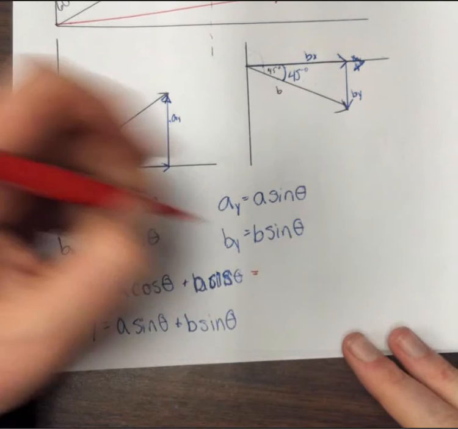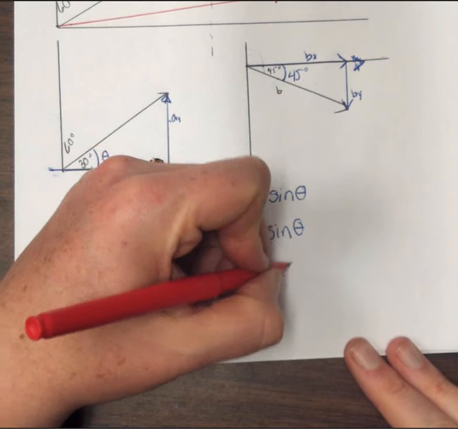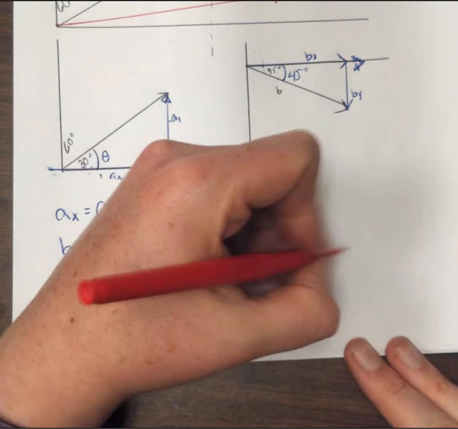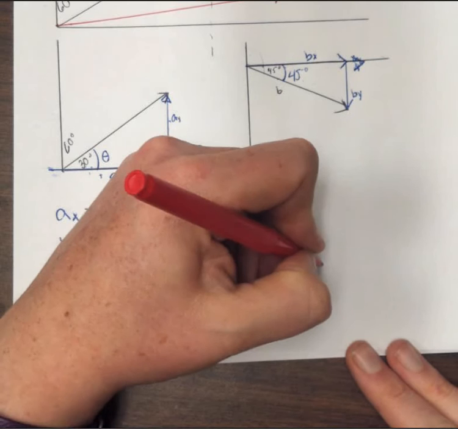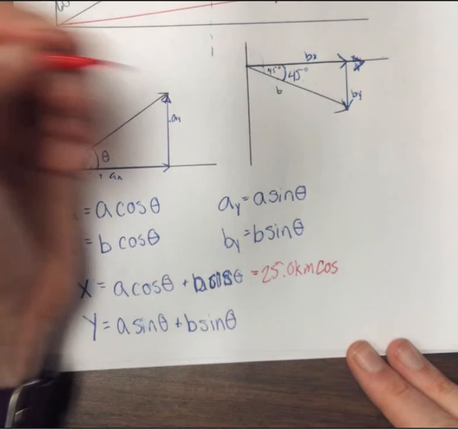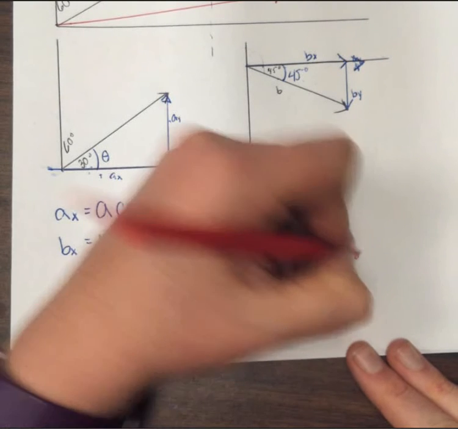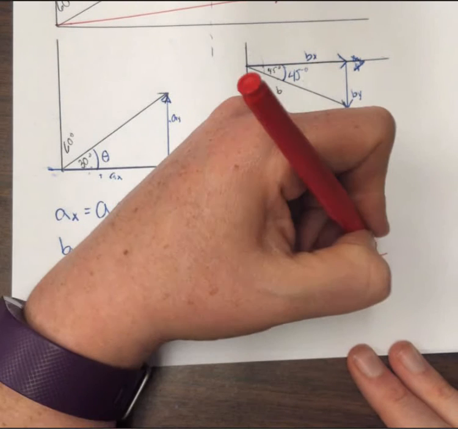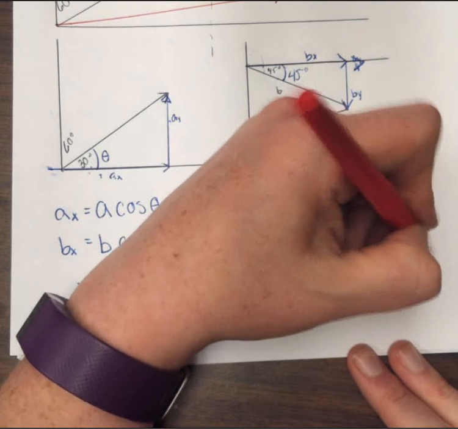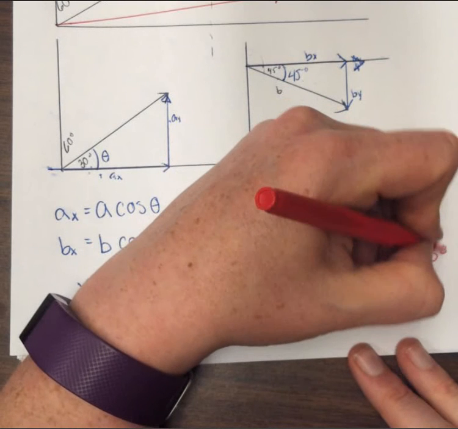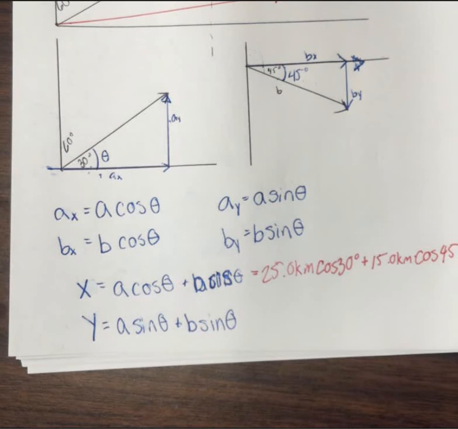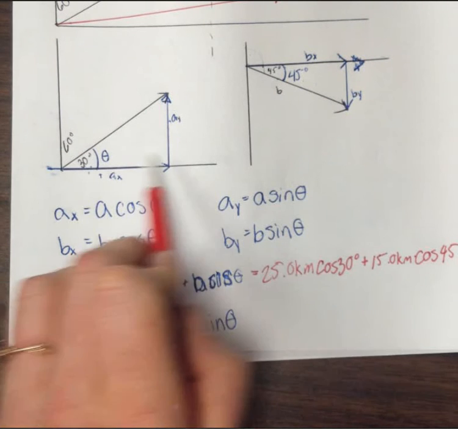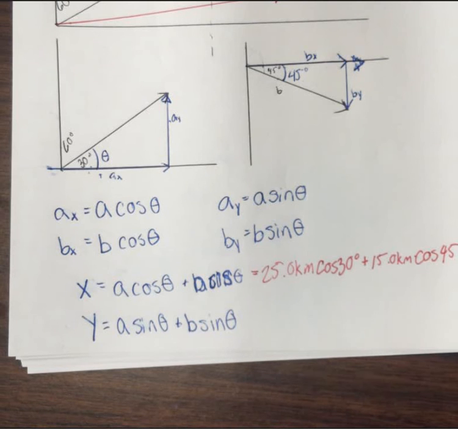For A, it's going to be 25.0 kilometers times the cosine of 30 degrees, and we're going to add that to 15 kilometers times the cosine of 45 degrees. Now we need to be very specific. Both of these are in the positive direction for our x-axis, so we are in fact adding them together.